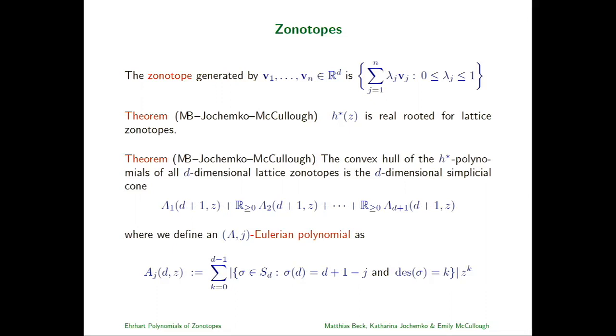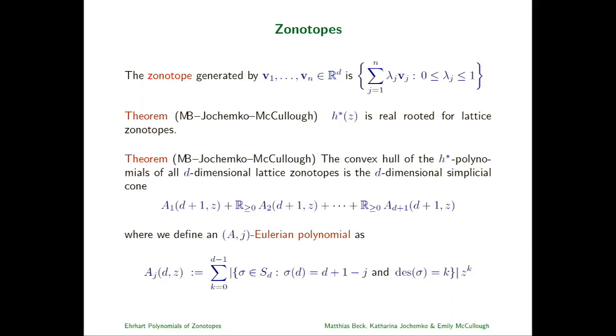Then I can ask, if you take all these vectors, what does this look like? The convex hull of these vectors has a very simple description. It's a simplicial cone with this apex over here and d generators. And these generators are the coefficient vectors of refined Eulerian polynomials.